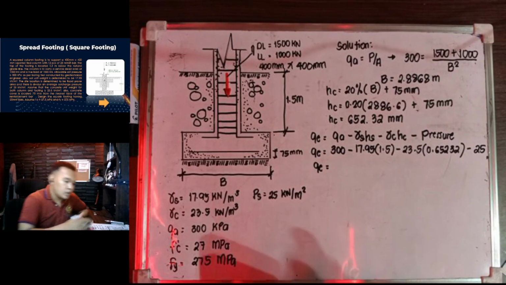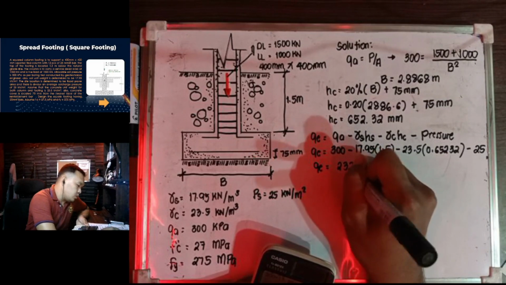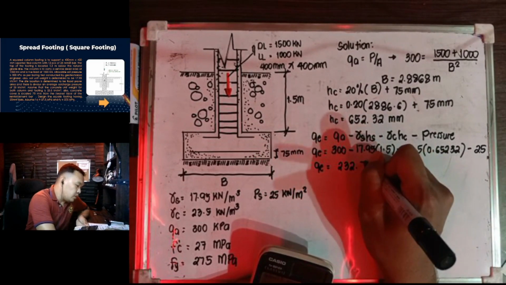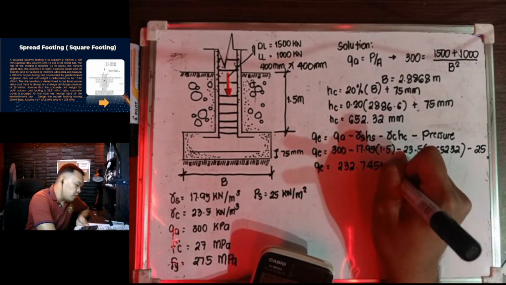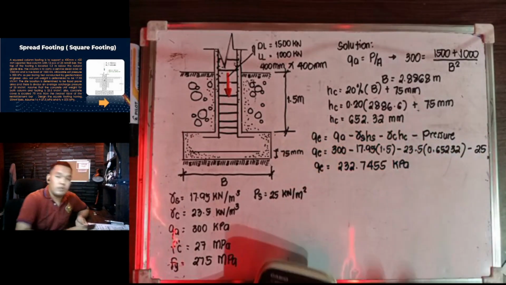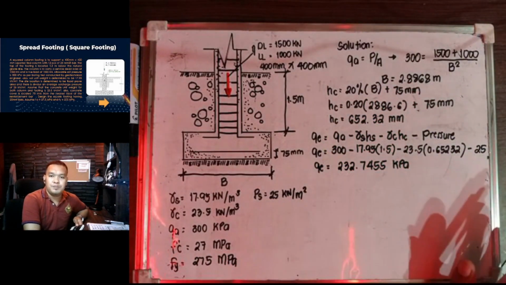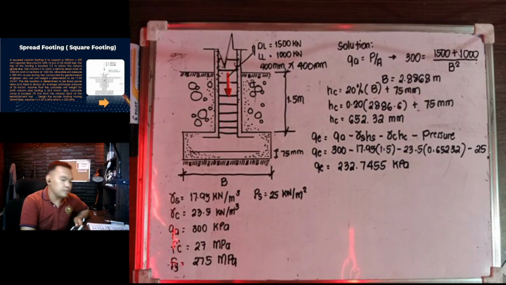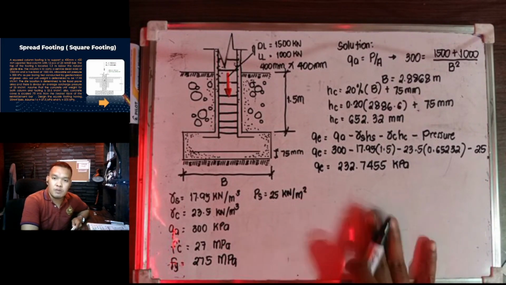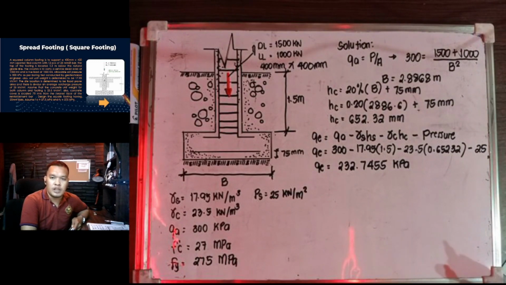So we have here 232.7455 kPa. Okay? So, pinor decimal places ko kasi naka 4 decimal tayo dun sa una. No? So, para uniform yung sagot natin. Okay? So, after natin makuha yung QE, so, susolve na natin yung actual dimension ng footing.